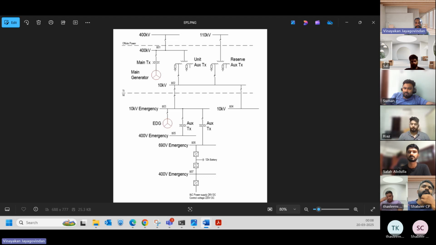While we ensure this sequence, the generator won't be overloaded. If we directly loaded all these loads together, the generator would suddenly get overloaded.